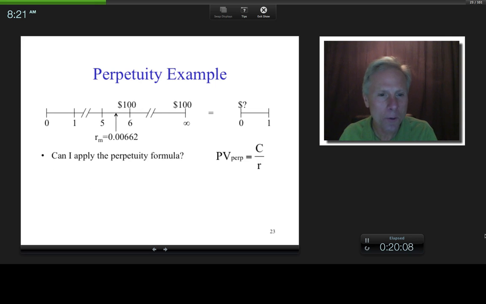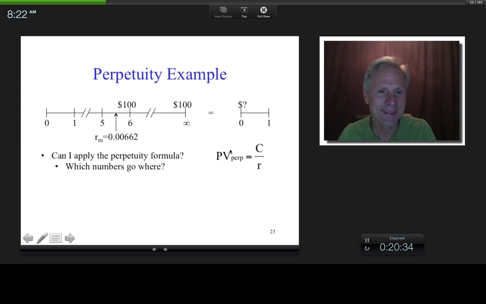So if we go back to the problem, now we know the effective monthly rate is 0.00662. Can I now apply my perpetuity formula if I want to? Sure, right? I mean, is this a perpetuity? Yeah, it's a perpetuity that begins at time 6, right? So which numbers go where? What would I put in for C and what would I put in for R?